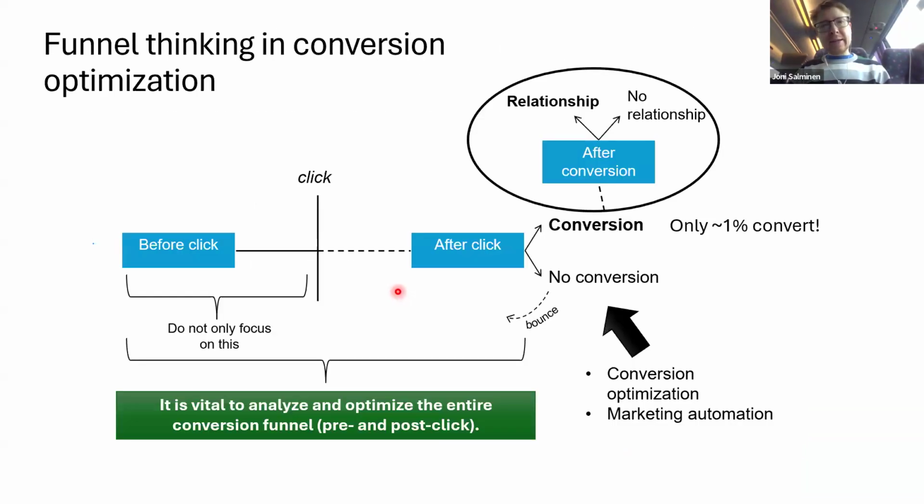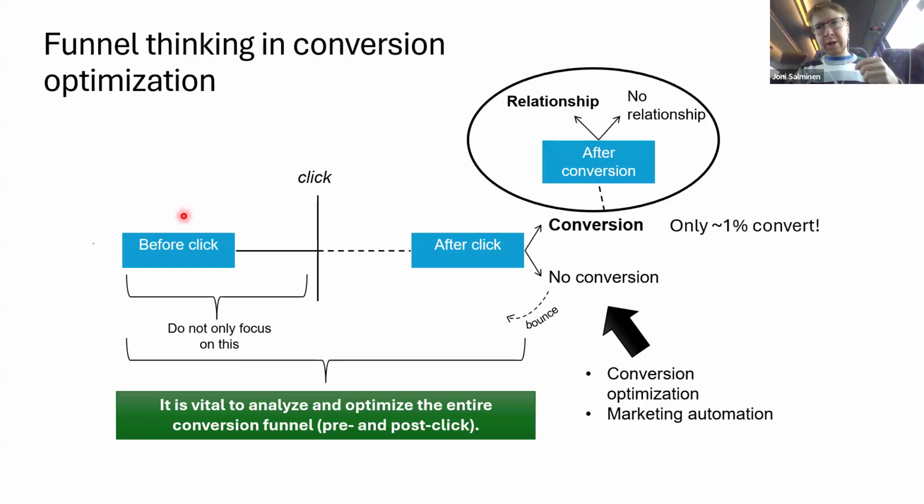Okay, and then sort of an extension of what I was saying previously, in that it's not only about the website improvement. So we can think of this funnel in a way for conversion optimization, and we can think of the before click and after click actions that people take, right? So these are all things that we can affect.